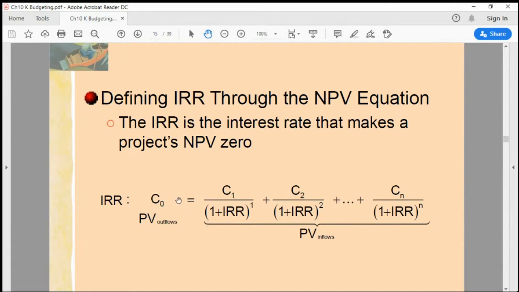But think about it. There can be only one single unique value for the discount rate that can make both sides equal. Okay? And when that discount rate is found, that discount rate is called internal rate of return. Okay?